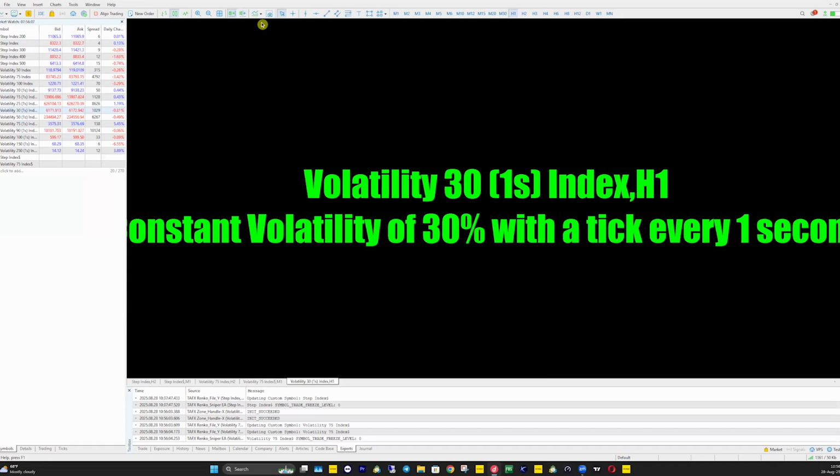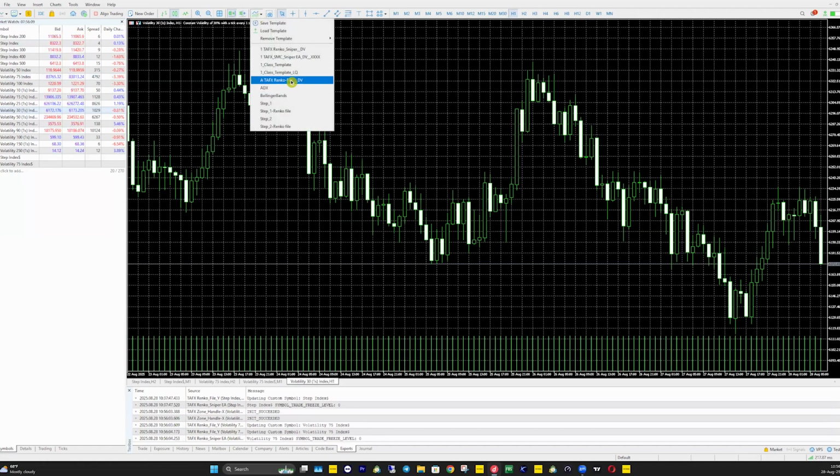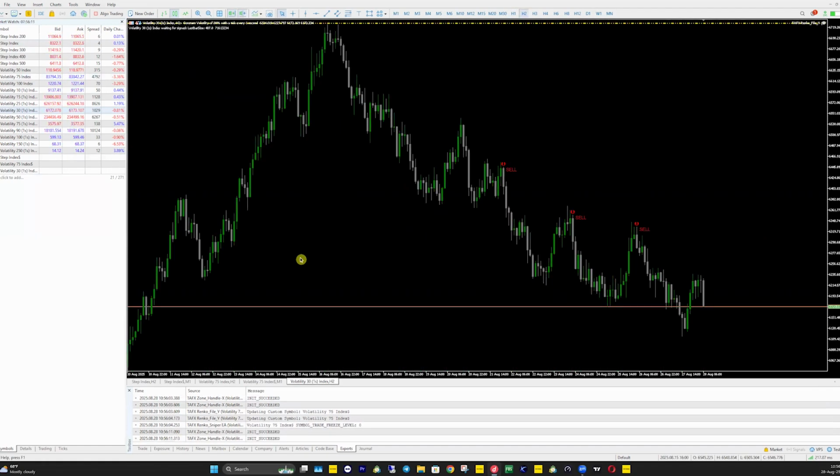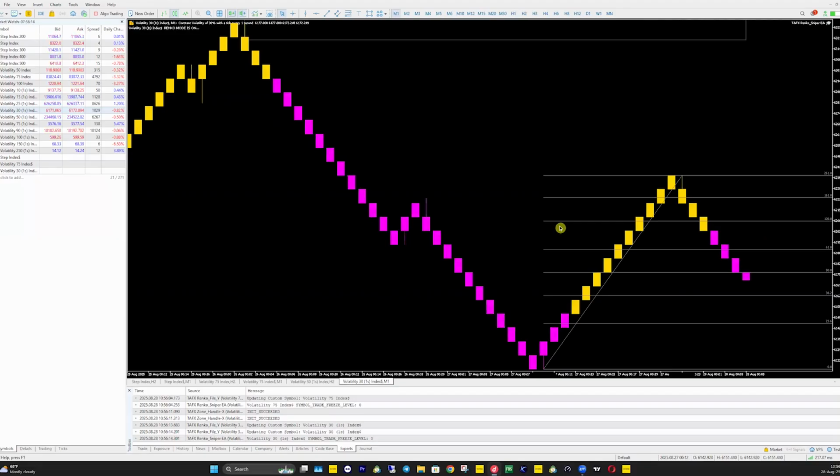As you can see, you just pick the template, and the EA will open the Renko charts automatically. So there is no different analysis for volatilities, or for currency pairs, or for gold, or for cryptos. All analyses are the same because it is full price action and advanced SMC.